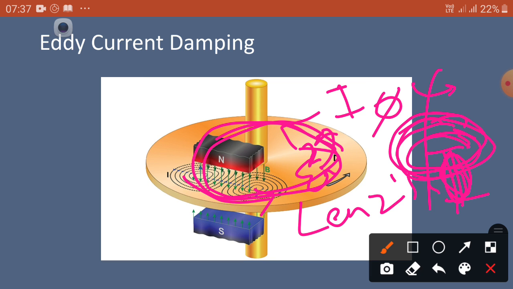Students, you can observe this type of disc in the energy meters in our homes. If you observe the disc moving in an energy meter, it is continuously moving.